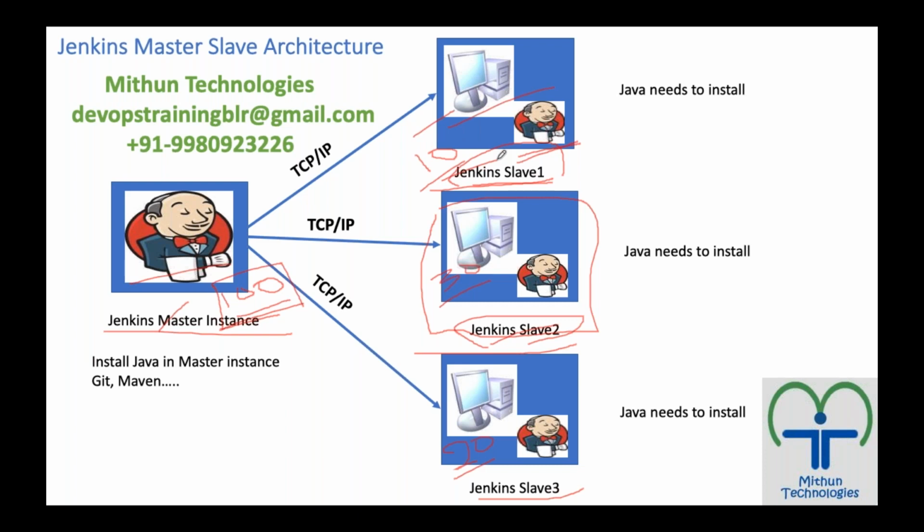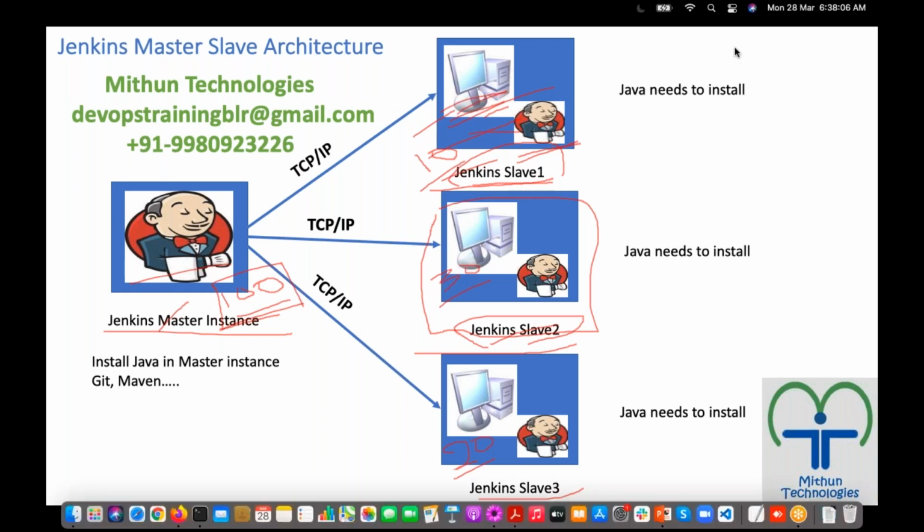Why? Because here only the job is going to execute. So while executing that job, it is going to get some code from GitHub, whatever source code you have configured, and it is going to download into here, and it will process and do the build, right? So your source code is going to be available in your slave server, slave instance.